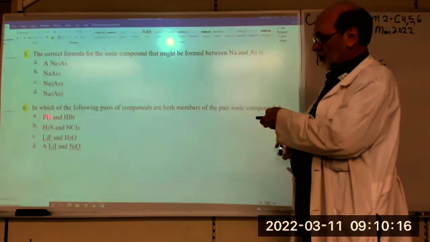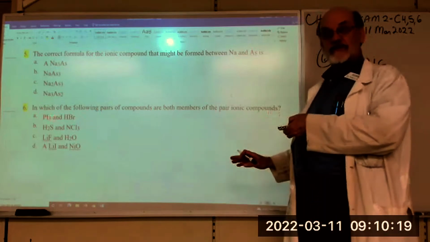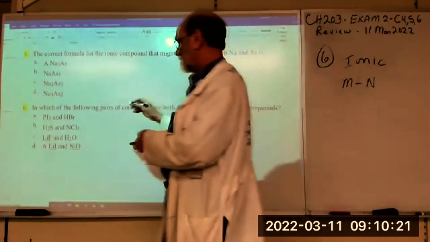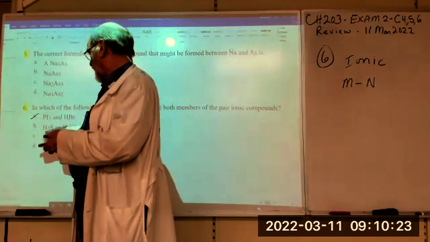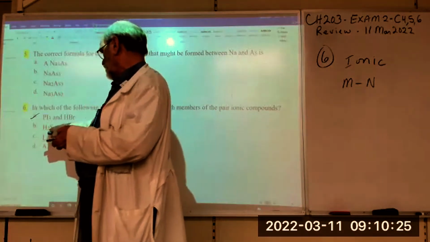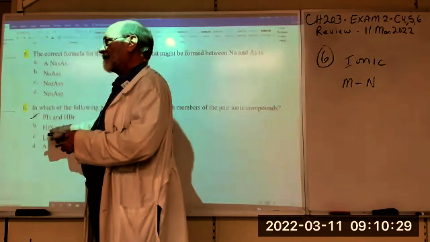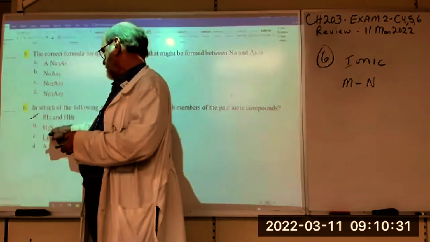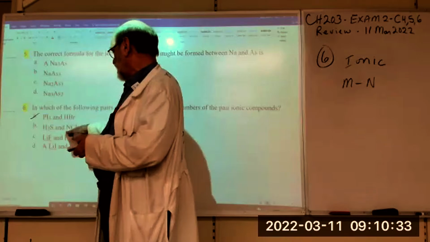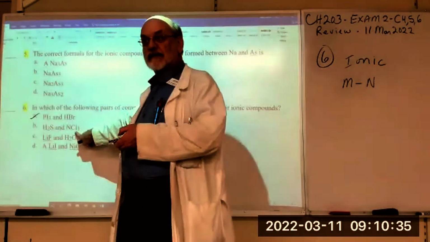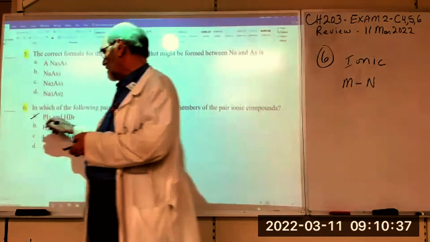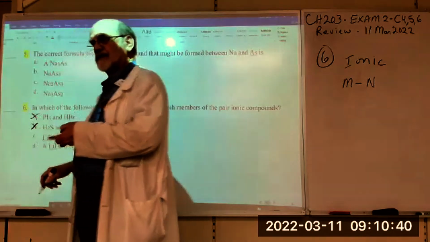So phosphorus and iodine are both nonmetals, so A's out. Hydrogen and sulfide, hydrogen is kind of a special case. But we can say that nitrogen and chlorine are both nonmetals, so they're out.